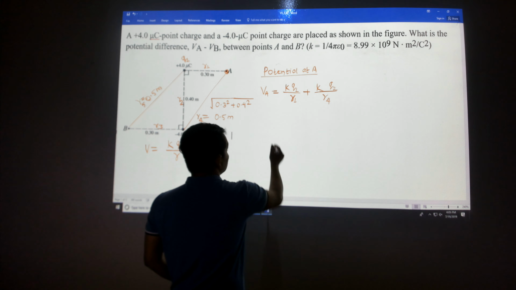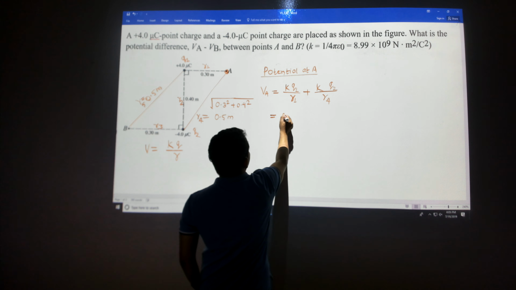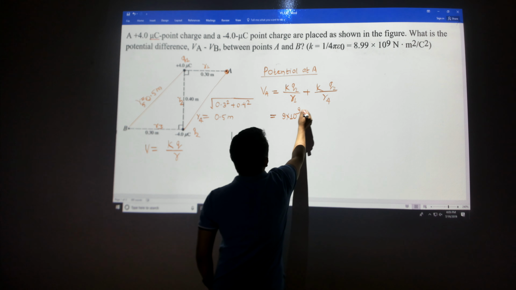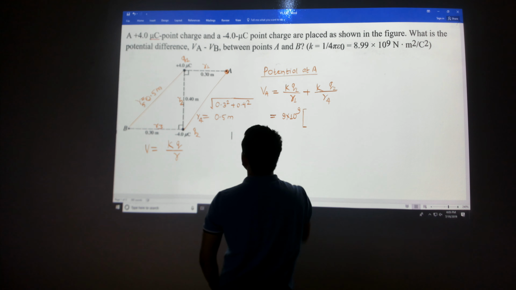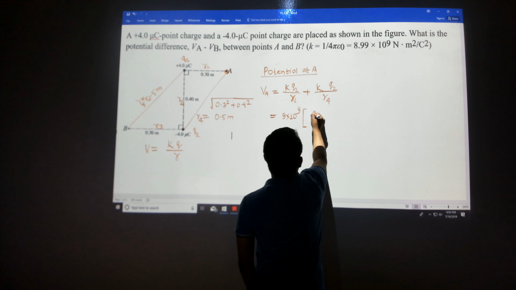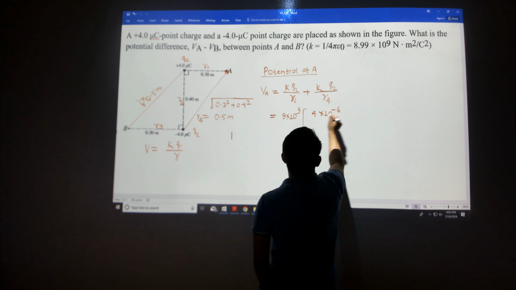So now let's plug in all the values. K value is 9 times 10 to the 9, so I'm just taking this one out. Q1, the charge is 4 microcoulomb, so this one would be 4 times 10 to the negative 6.